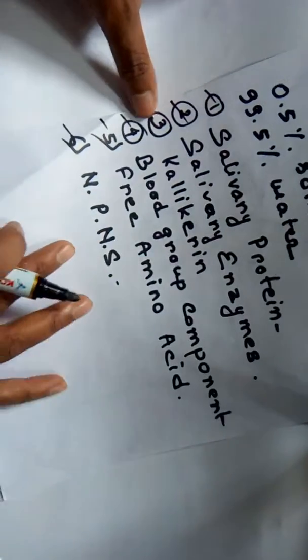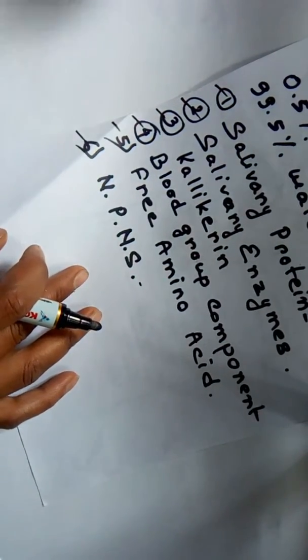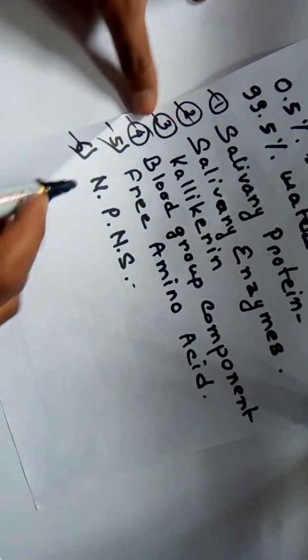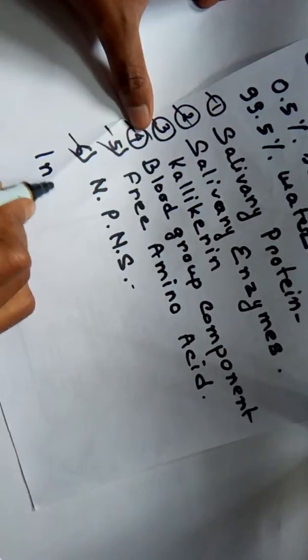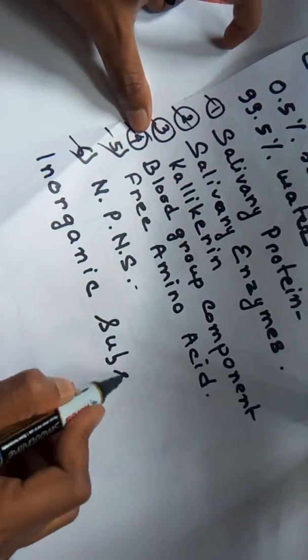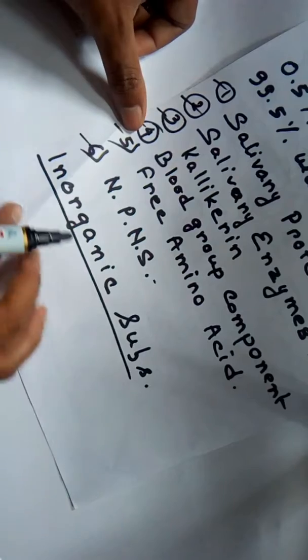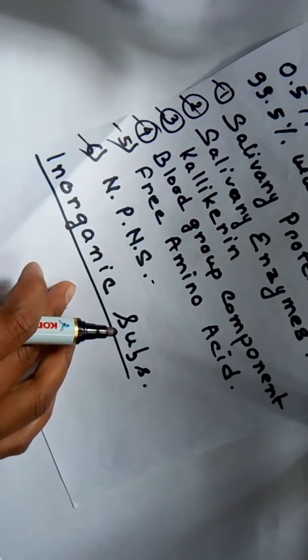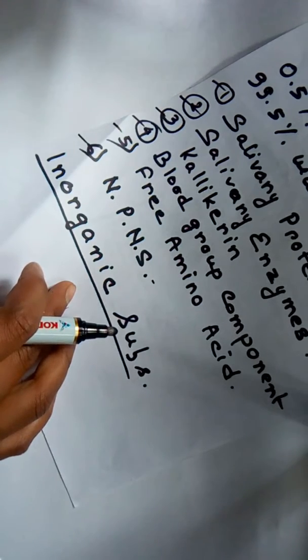Now we'll discuss the inorganic substances present in saliva. They are sodium ion, calcium ion, potassium ion, bicarbonate ion, bromide, chloride, fluoride, and phosphate.